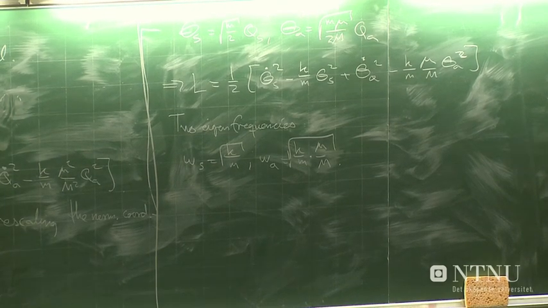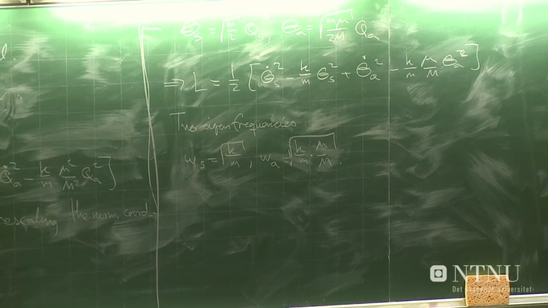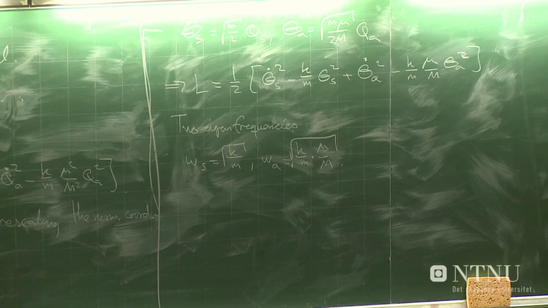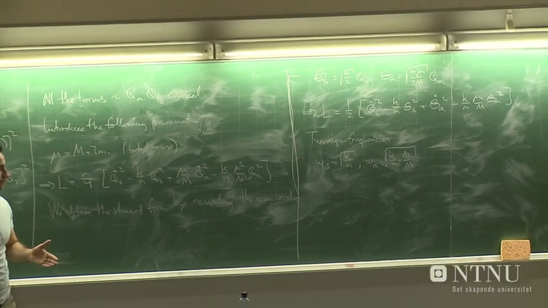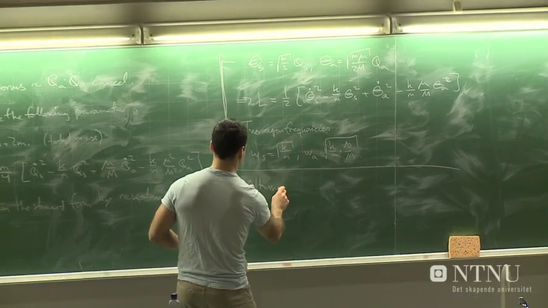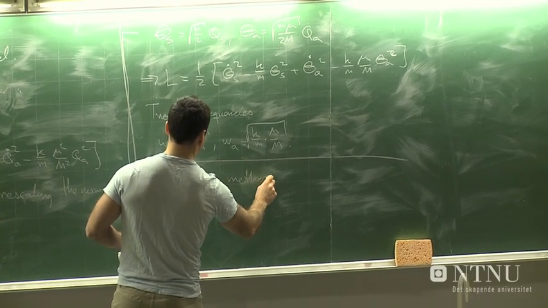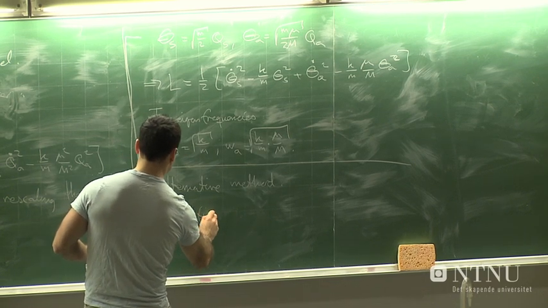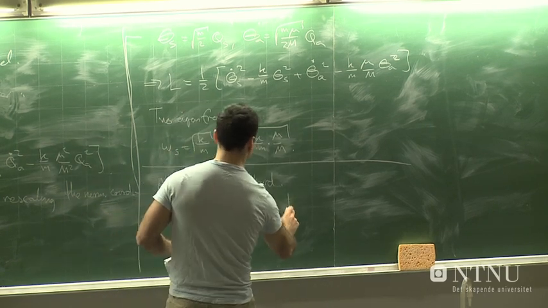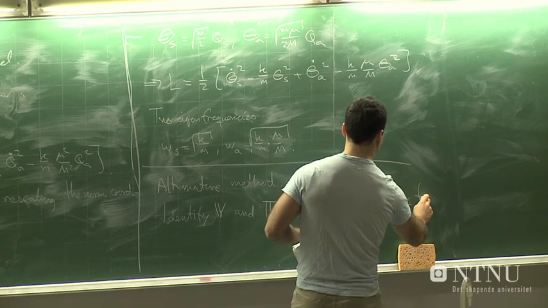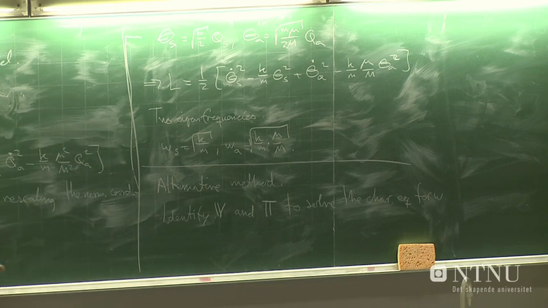The other way, which we sketched in the previous lecture, was to just use the Lagrangian with the original generalized coordinates and then calculate the eigenfrequencies from the determinant of this matrix V minus omega squared T. So the alternative method here is to identify the matrices V and T in order to solve the characteristic equation for the eigenfrequency squared.